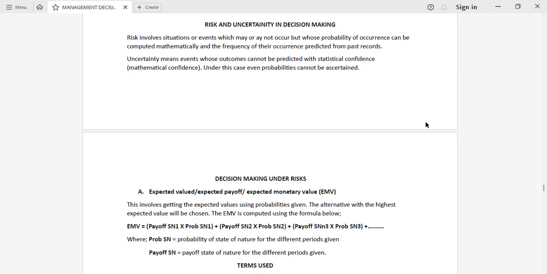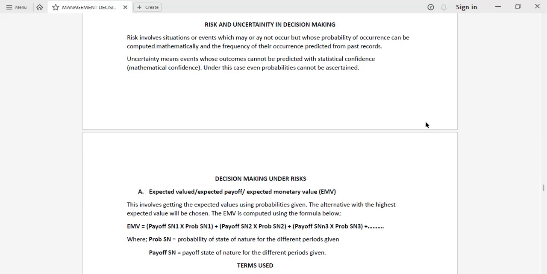So without wasting more time, let's try to look at what a risk is. We've said that even under risks and uncertainty, we are going to make decisions.